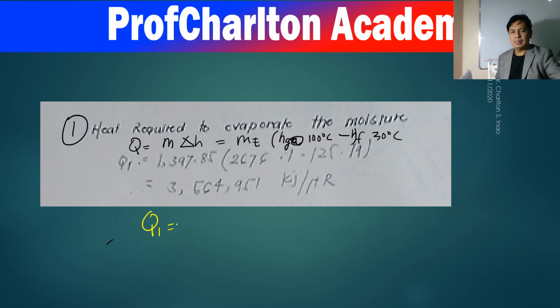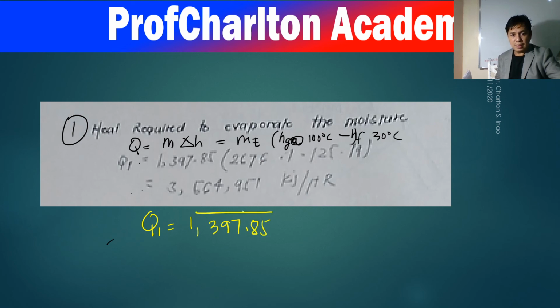The mass flow of evaporated water, or the moisture that is being extracted, is 1397.85.